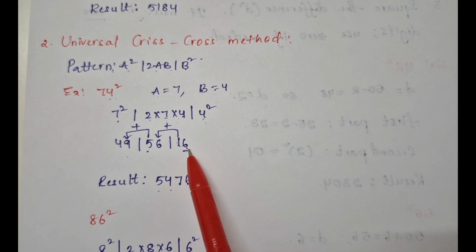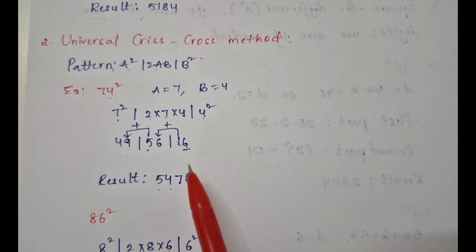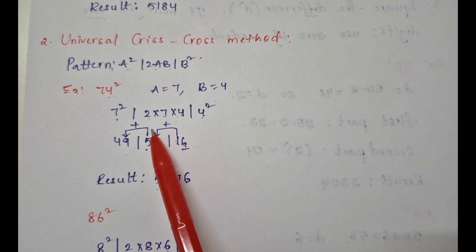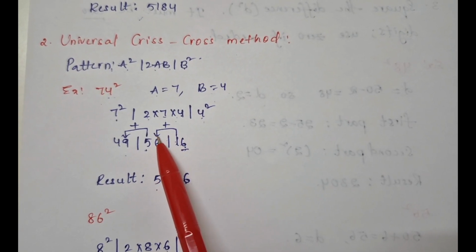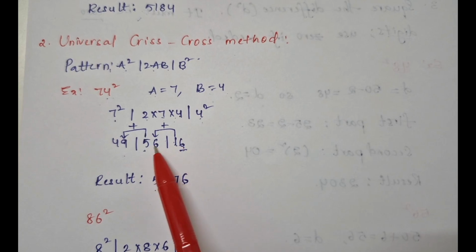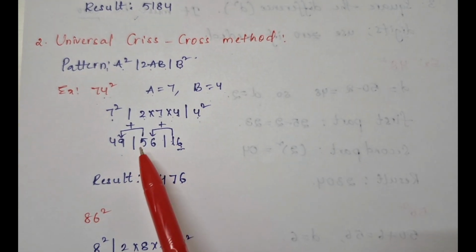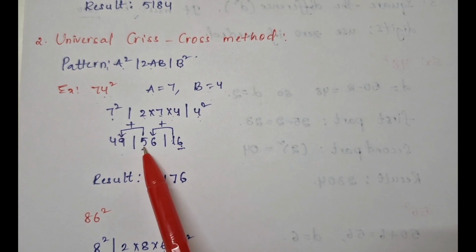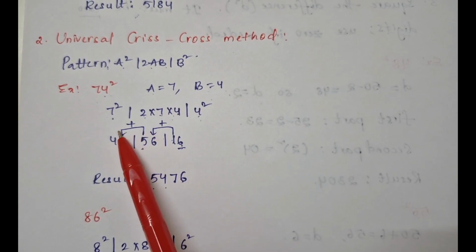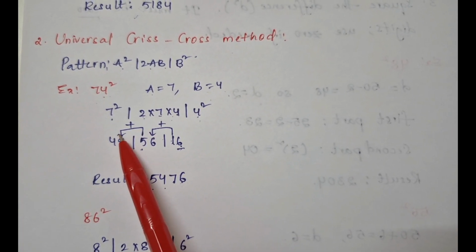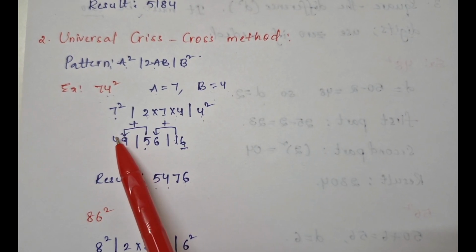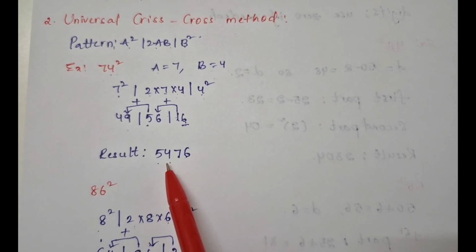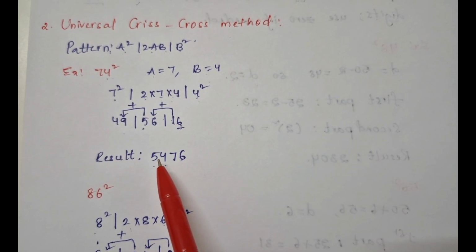So the unit digit we write as it is, 6, and whatever the 1 is there we carry forward and add to the digit before. So 1 plus 6 we get 7 here, and for this 56 the digit before 6 is 5. This 5 is also carried forward to the next number before. So 49 plus 5, how much do you get? 54. So what is 74 square actually here?